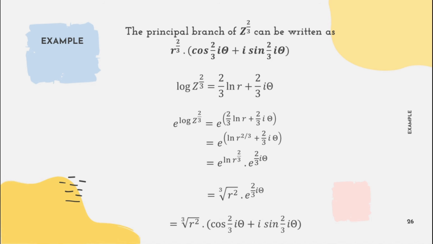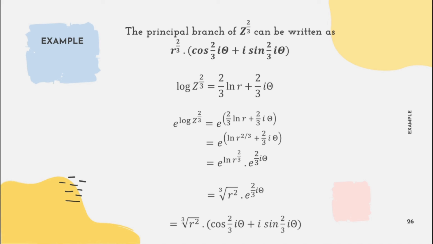Moving to an example. The principal branch of z^(2/3) can be written as r^(2/3) times (cosine (2/3)theta plus i sine (2/3)theta). Why? Because log z^(2/3) is equal to (2/3) ln r plus (2/3) i theta. Then, exp(log z^(2/3)) is equal to exp((2/3) ln r plus (2/3) i theta).